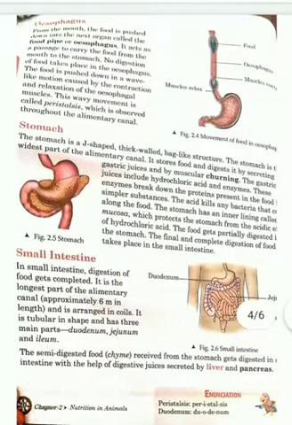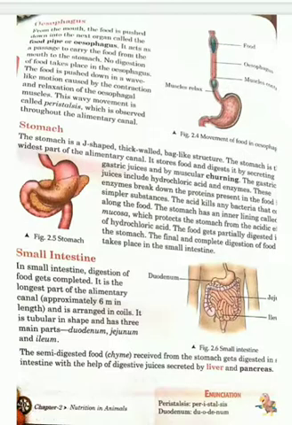Okay, now let us discuss the esophagus. What is the esophagus? If you see the spelling, the O is silent here. The esophagus is only a passage to carry the food from the mouth to the stomach, and we can say that no digestion of food takes place in our food pipe.